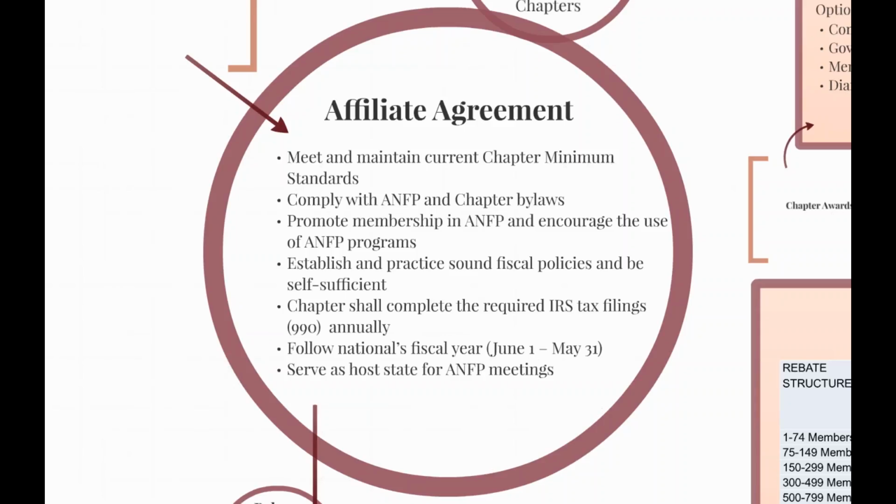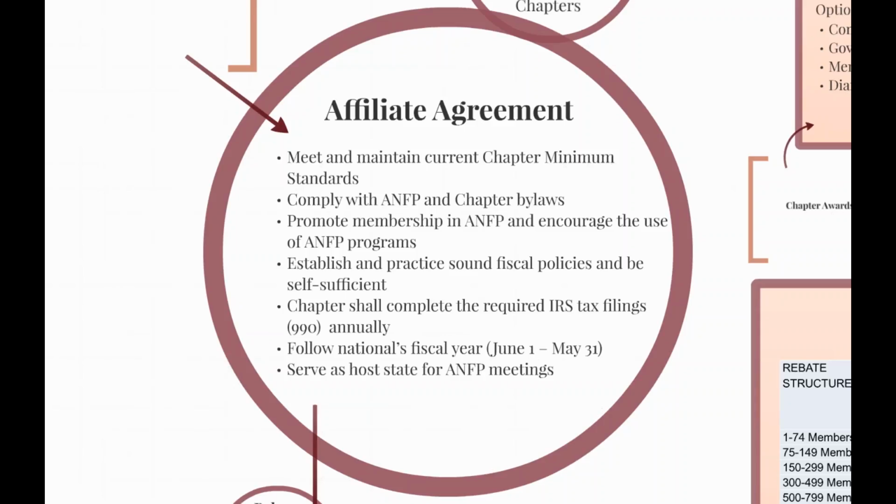And of course, establish and practice sound fiscal policy to be self-sufficient. We also ask, as part of the minimum standards, that you're completing the 990 form, which we just touched on. And we're also asking our chapters to make the shift, if they haven't done so already, to follow our national fiscal year, which starts on June 1st and ends on May 31st.